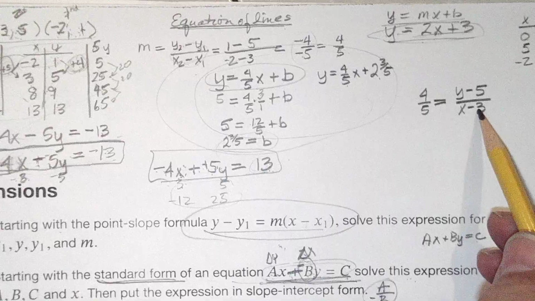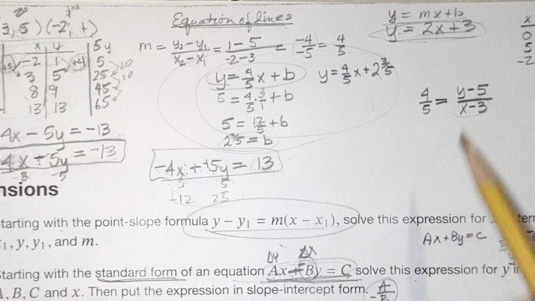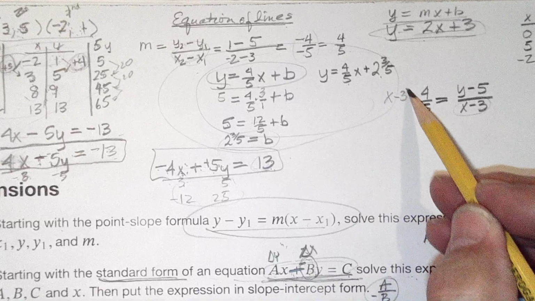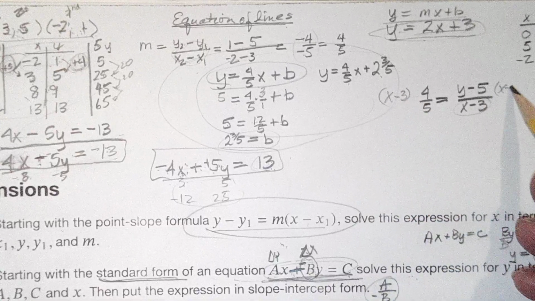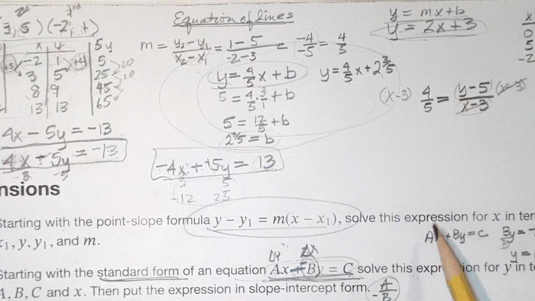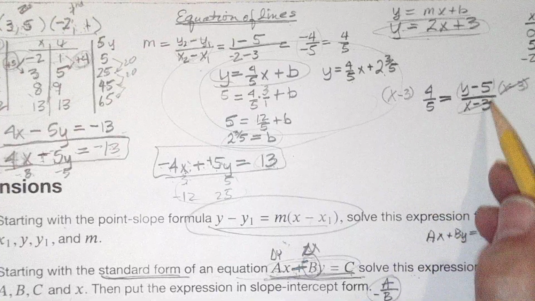And then I'm going to multiply both sides by x minus 3. This side, that cancels. And so I get y minus 5 on this side.